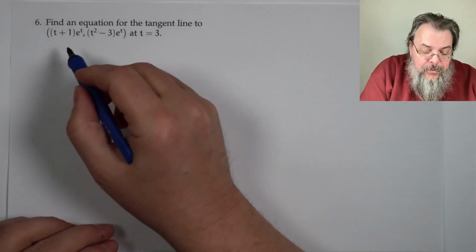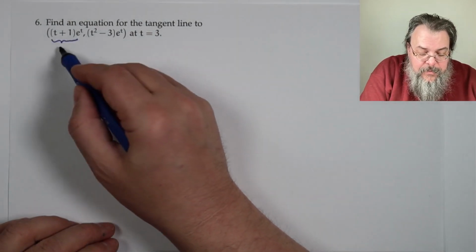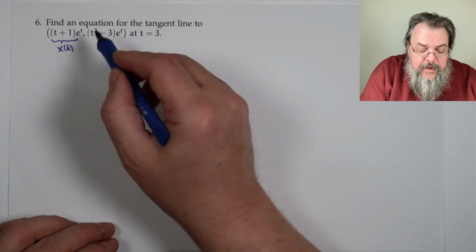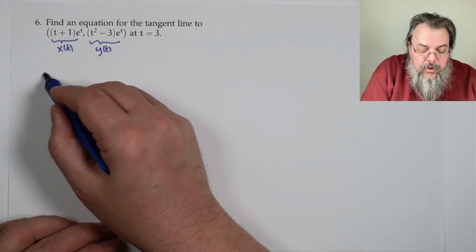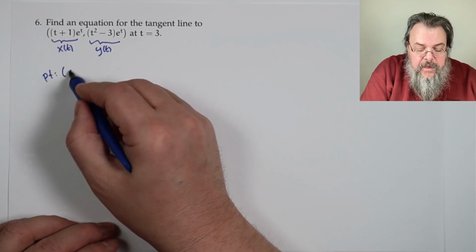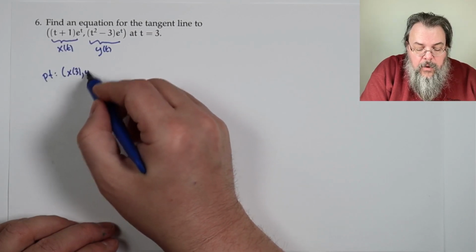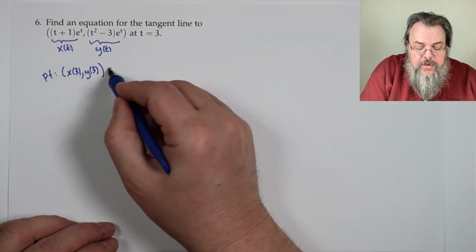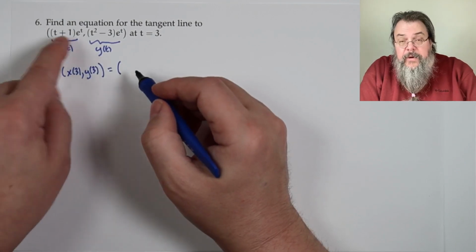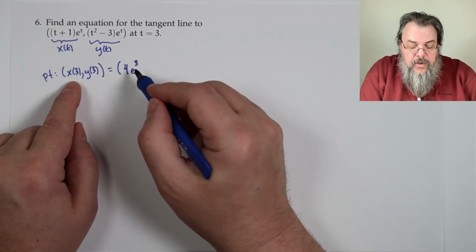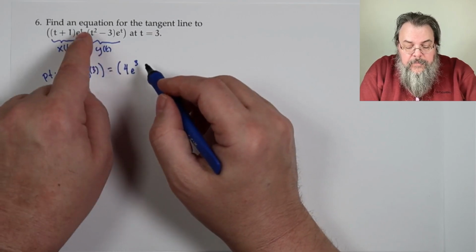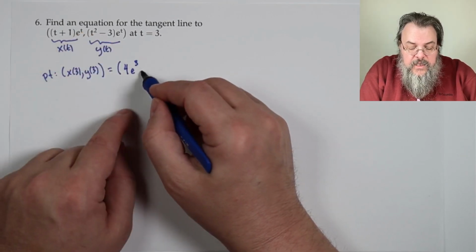Now, we're going to get our point and our slope from our equations. So you have our x and our y. So our point, well, that'll be at x of 3, y of 3, which becomes 3 plus 1 is 4, so 4e cubed. And then plug in 3 here. 3 squared minus 3 is 6.